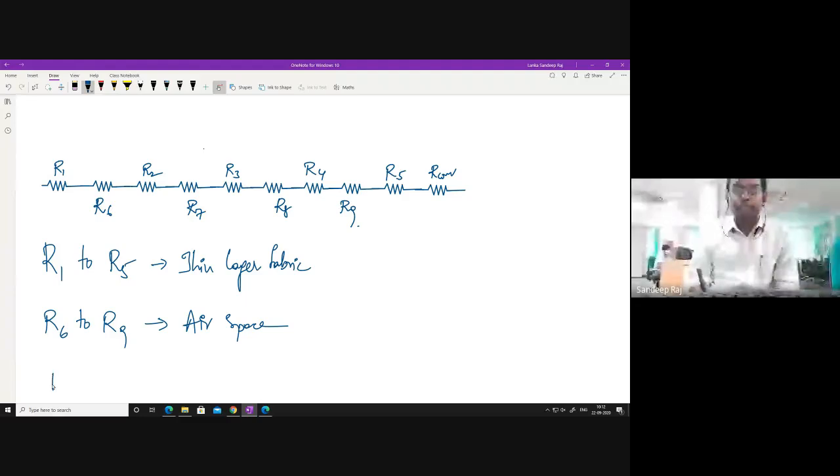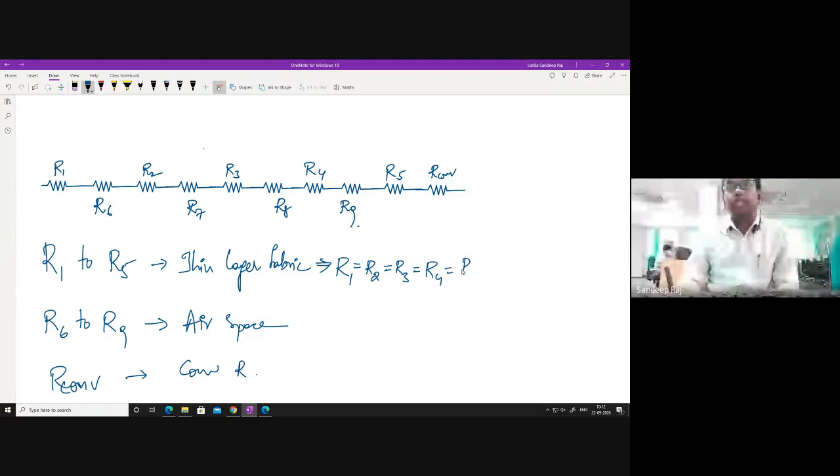And then R convection is the convection resistance. So these are all the resistances you have here. If I have to calculate this, R1 is equal to R2 is equal to R3 is equal to R4 is equal to R5, which is equal to L by Ka.